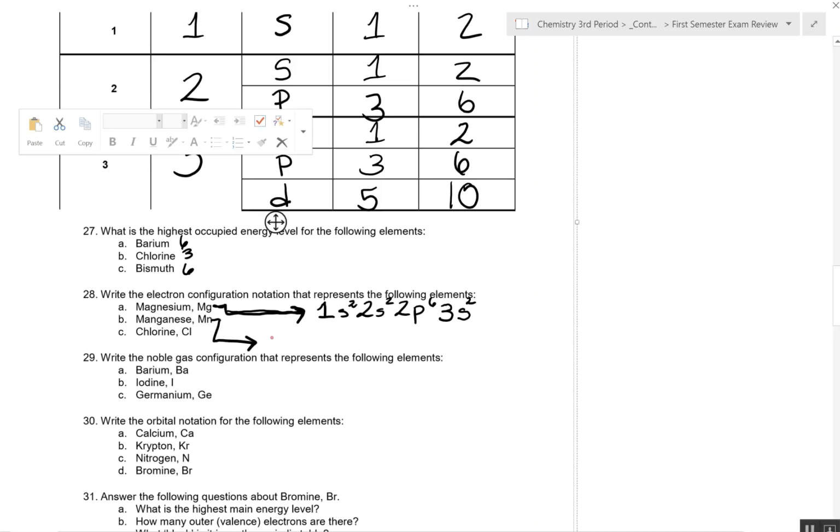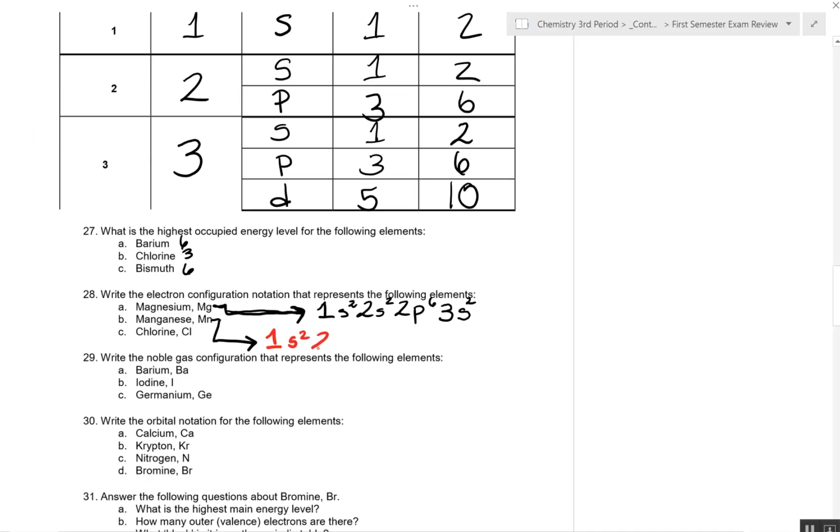So we're going to do 1s2, 2s2, 2p6, 3s2, then we've got 3p6 because we keep going over and then we hit return and go to the 4th energy level.